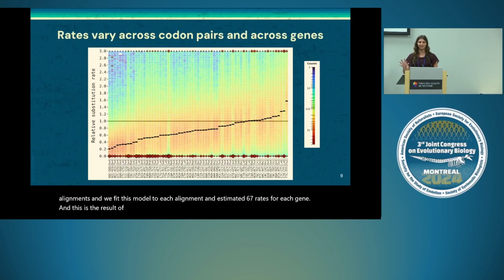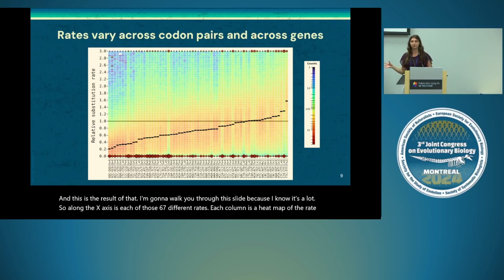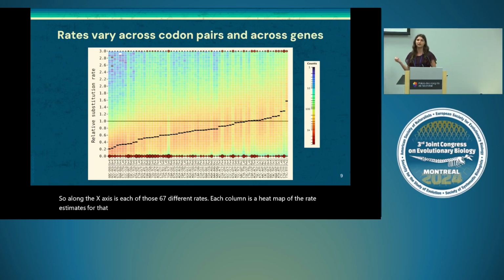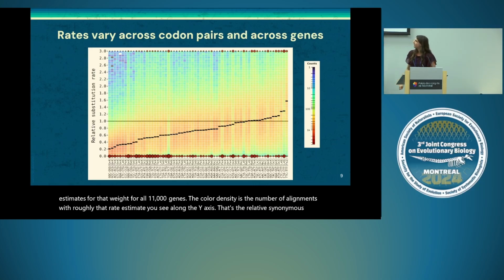I'm going to walk you through this slide because I know it's a lot. So along the x-axis is each of those 67 different rates. Each column is a heat map of the rate estimates for that rate for all 11,000 genes. The color density is the number of alignments with roughly that rate estimate. You see along the y-axis, that's the relative synonymous substitution rate.